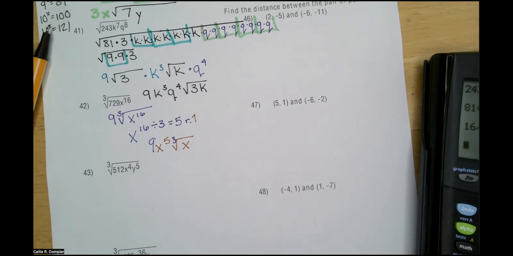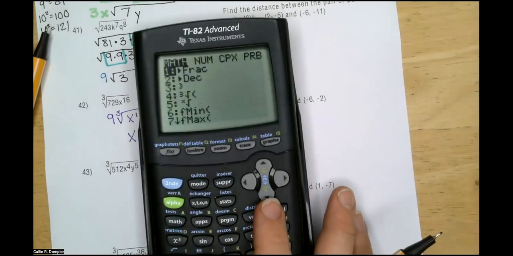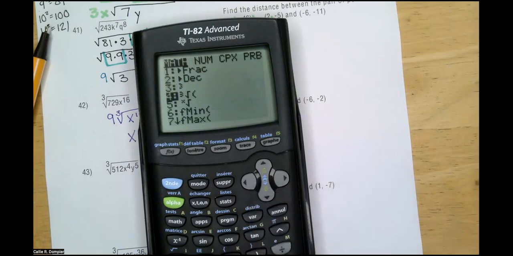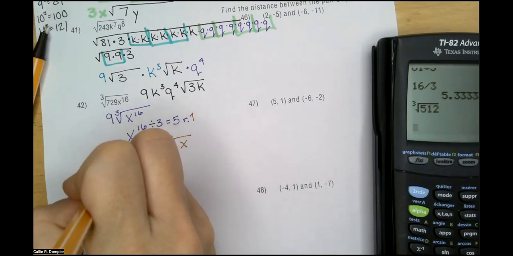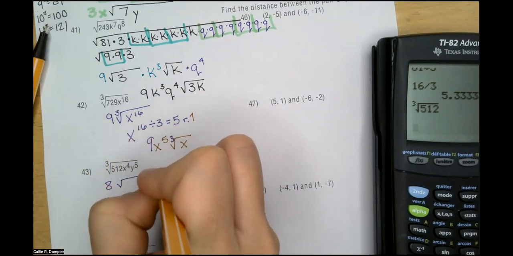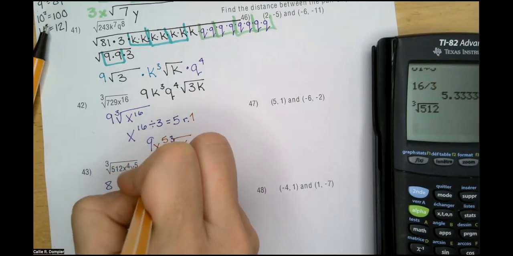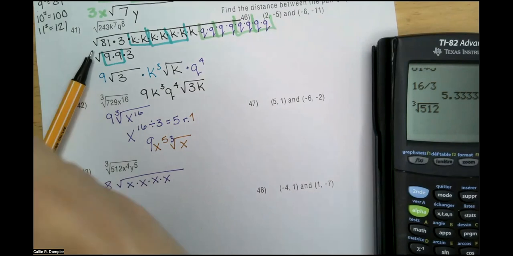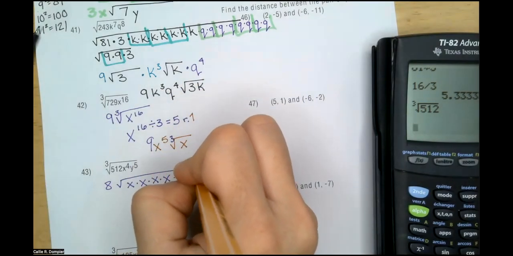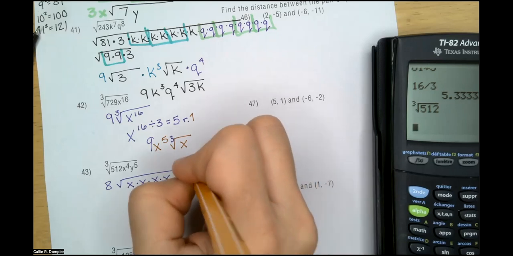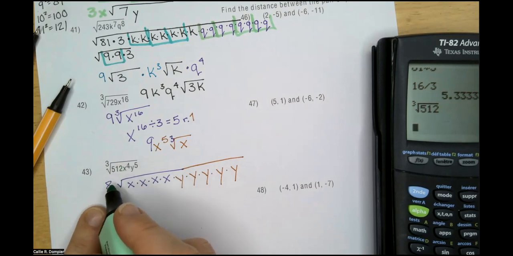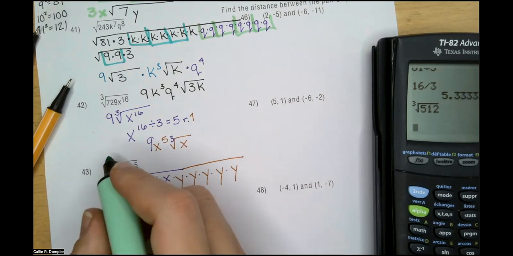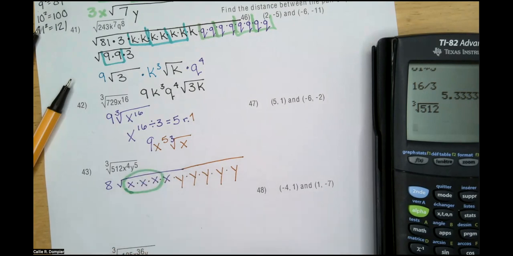All right, the cube root of 512 is 8. The cube root of x to the 4th. So if we wanted to do it by the grouping method, 512 was 8 times 8 times 8. So the 8 came out. 3 x's come out and 3 y's come out.